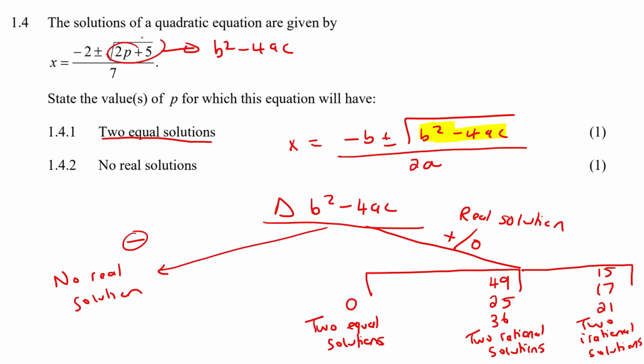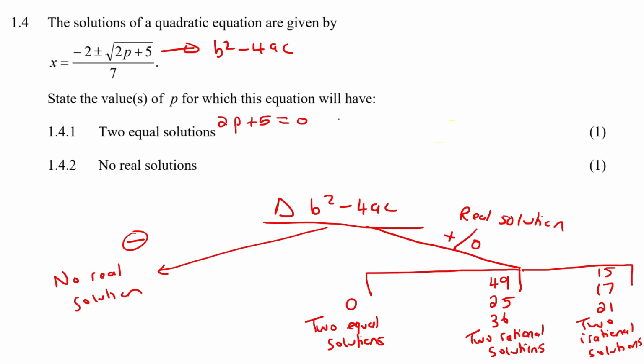So we're going to say 2p plus 5 must equal to 0. So 2p plus 5 equals to 0. And then you're going to take the 5 over to the other side. And then you're going to divide by 2. And there we go. So that is what p must be so that we get 2 equal solutions.